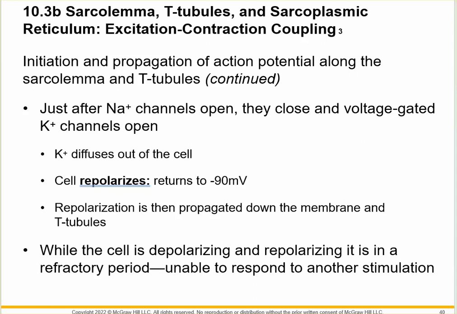So we call this the refractory period. This is the time when the muscle cannot respond to another signal. We have to reset the membrane resting potential, putting sodium outside and potassium inside in order to allow this to happen again.